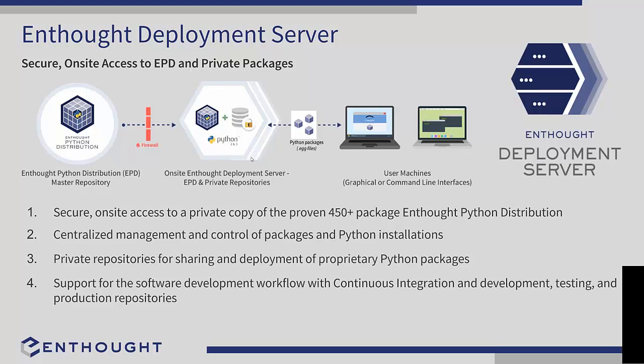There is a notion of organization with teams, and teams have access to repositories, and each team's access to a repository can be at a view level, upload level, or only download level. So you can tweak all that. Finally, it was very important for us that the deployment server can be implemented into an organization and fit with all the different kinds of development workflows you could think about.